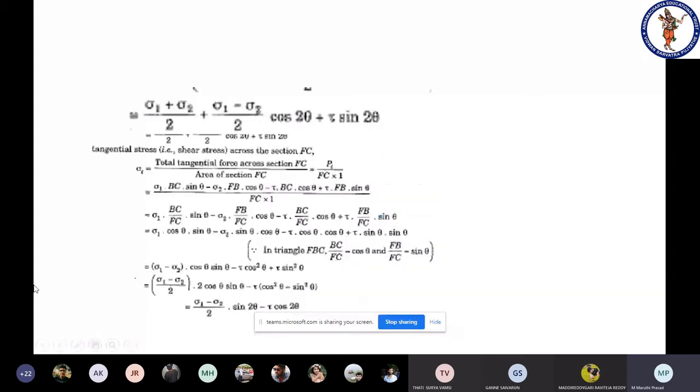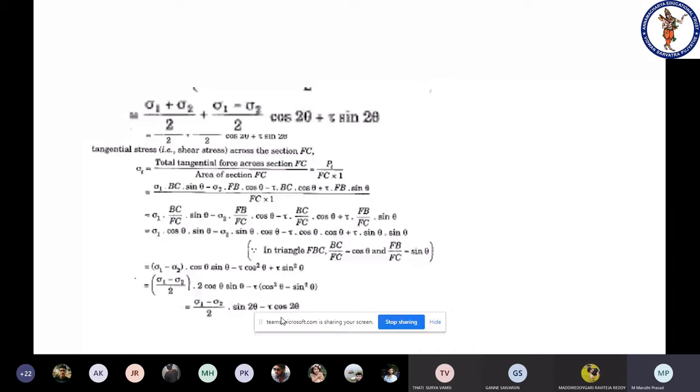Normal stress is sigma 1 plus sigma 2 by 2 plus sigma 1 minus sigma 2 by 2 cos 2 theta plus tau sin 2 theta. And similarly, we have calculated the shear stress or the tangential stress, which is sigma 1 minus sigma 2 by 2 sin 2 theta minus tau cos 2 theta. Maybe we have just ended at that particular location in the last class.